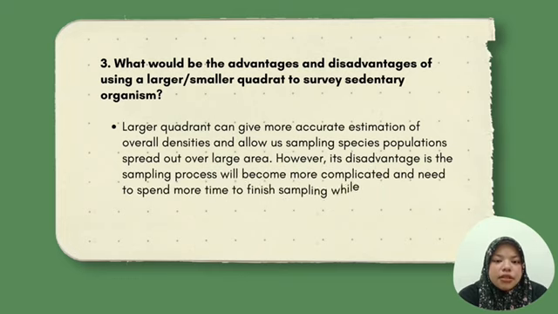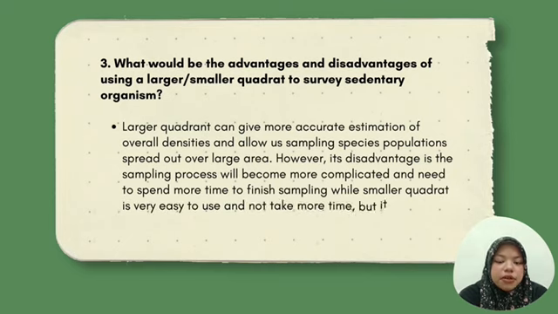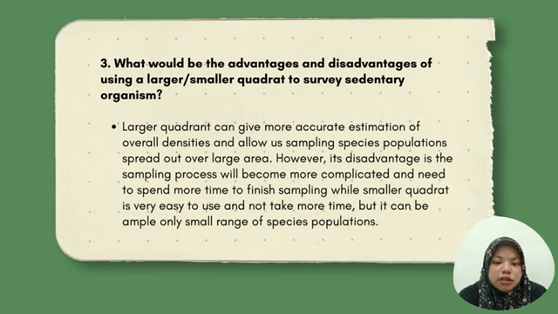However, its disadvantage is that the sampling process will become more complicated and need more time to finish, while a smaller quadrat is very easy to use and does not take much time. But it can be sampled on only a small range of species populations.